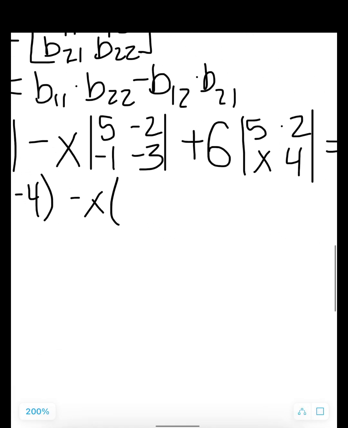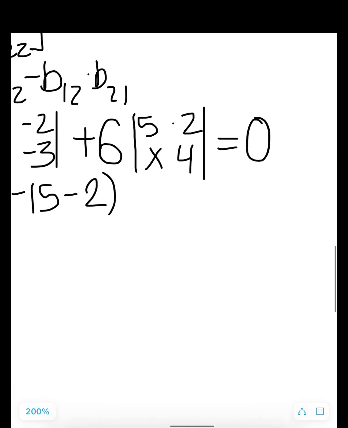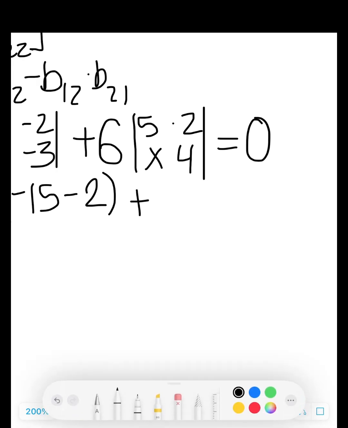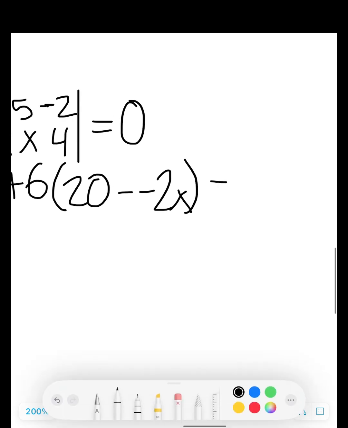What's the determinant of our second matrix here? 5 times negative 3 is negative 15, minus negative 2 times negative 1 is a positive 2. Last one. 6 times 20, so negative 2 up here, minus negative 2x. And again, we want that all to equal 0.